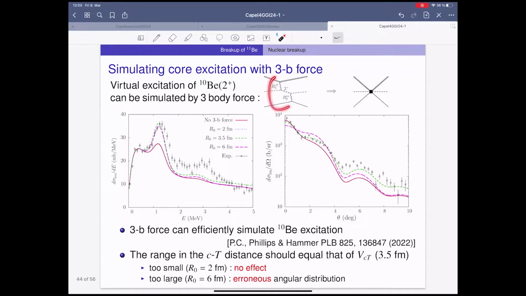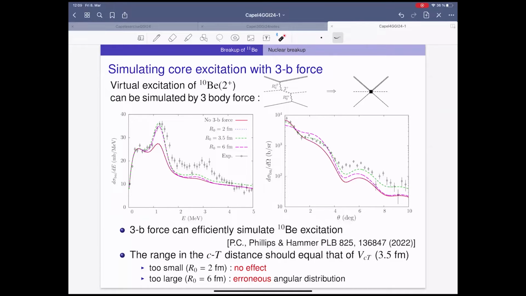It's just the strength of the three-body force fitted to this, but we also get the right energy and angular distribution using this. So this shows that we now better understand what's going on in the breakup, and that taking the input from ab initio calculation, you can confirm that this is very strong. This is a way that you can confirm ab initio calculation through experiment.